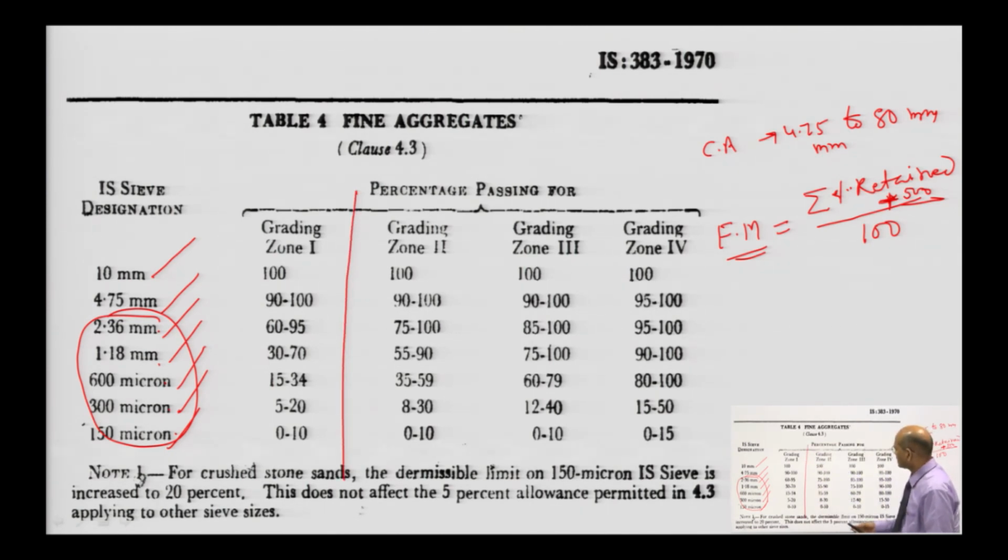If you are getting 100% passing at 10 mm, 90 to 100 percentage passing here, 60 to 95% here, and you are getting in this range, then you can say it is grading zone 1. Similarly, you get zone 2. In that case also you will get this type of retained conditions.